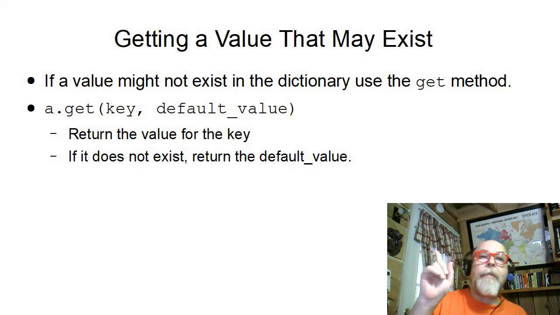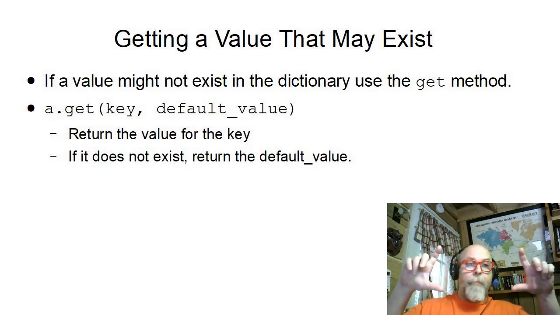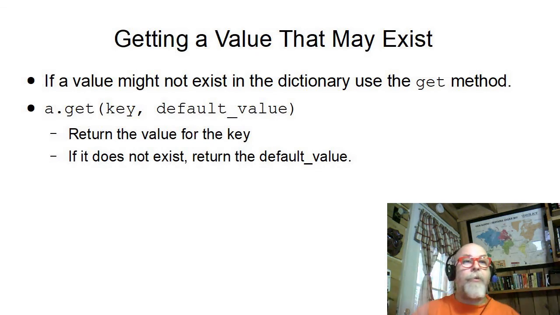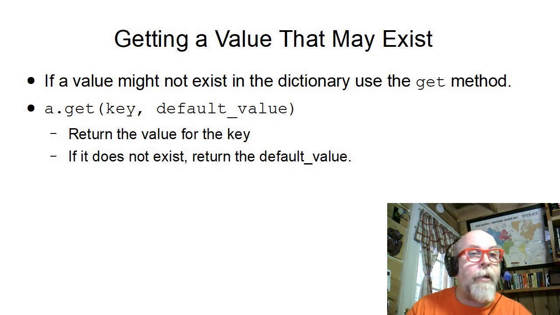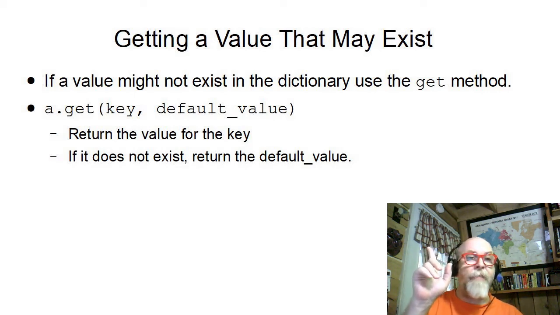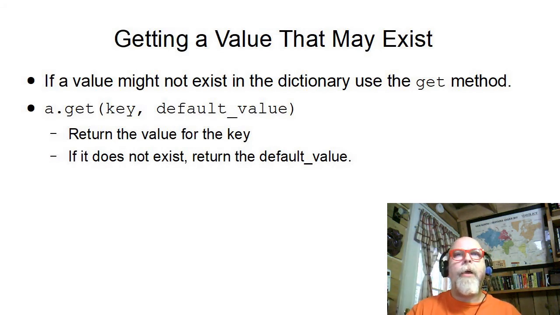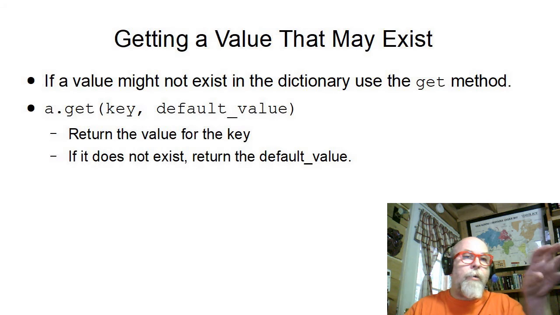If we say a.get, parenthesis, and give it two values, the first value is the key to go find, and the second value is the value to return if the key doesn't exist. So the get method is a way to grab values out of a dictionary, and if the key doesn't exist, it doesn't blow your program up.